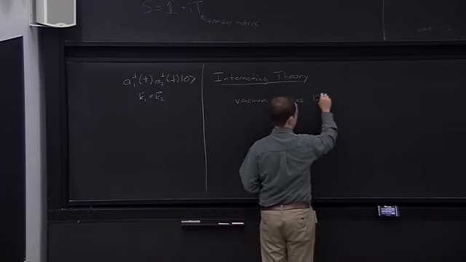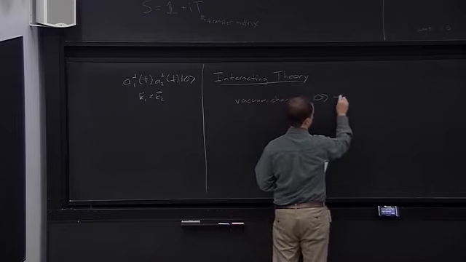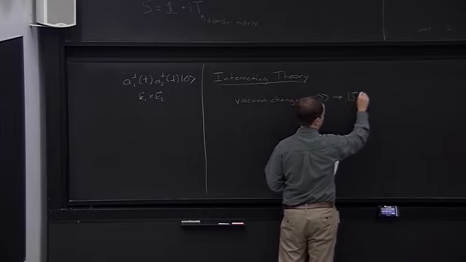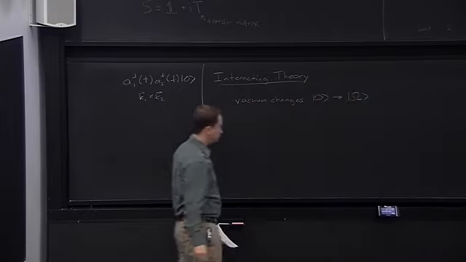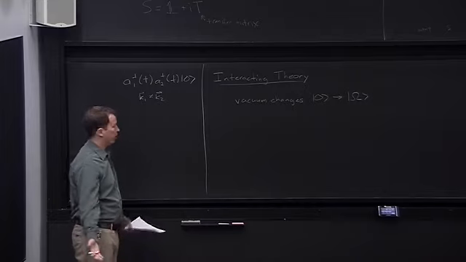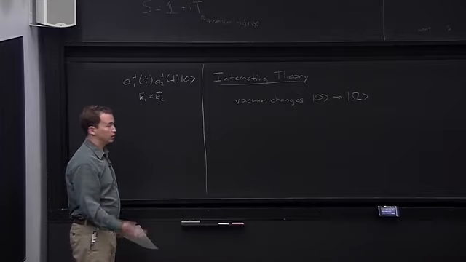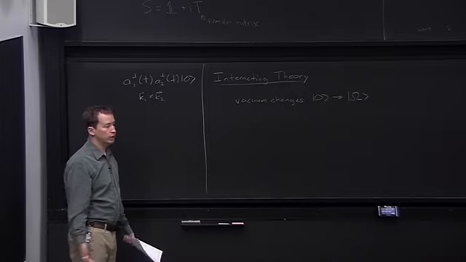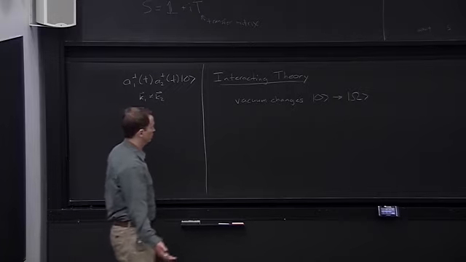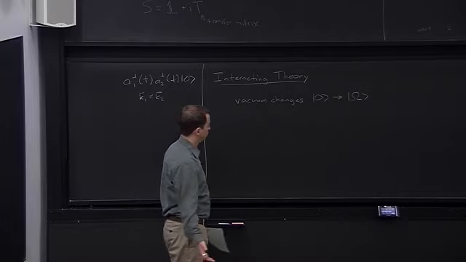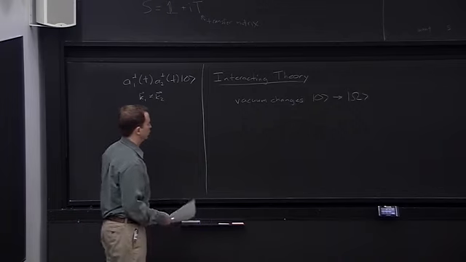I've been denoting the free vacuum as 0. I will denote the interacting vacuum as omega. And why is that? Well, in general, you expect if you change your Hamiltonian, the ground state will change. Generically, that will happen.